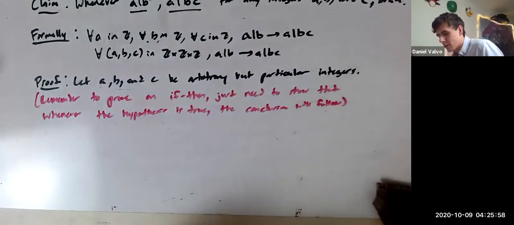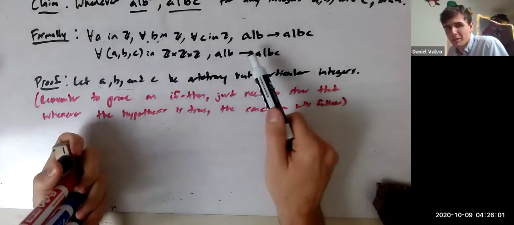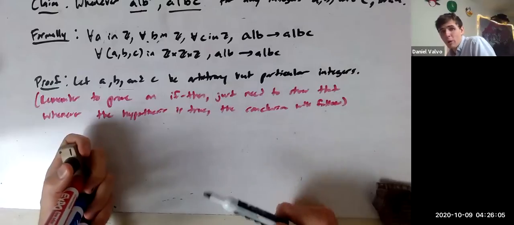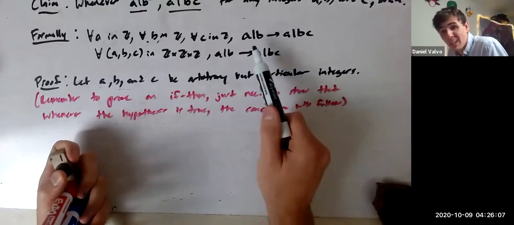So all I'm saying here is we don't care about when A divides B is false, because when A divides B is false, this whole thing's vacuously true, so we're good anyway. We only need to concern ourselves with when A divides B is true.